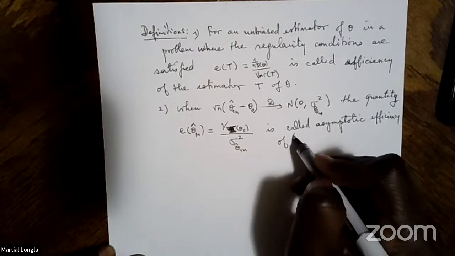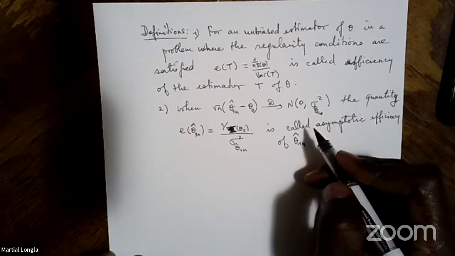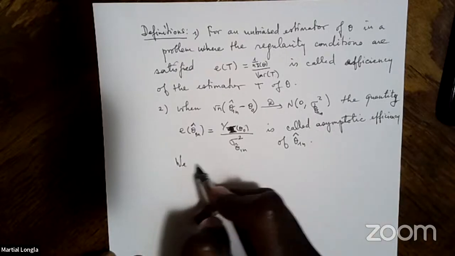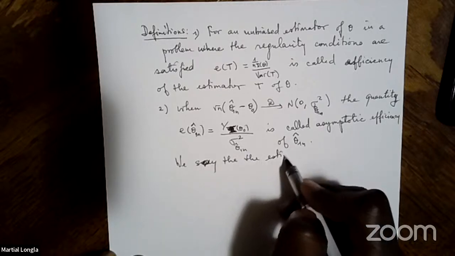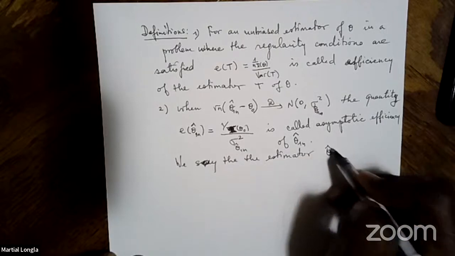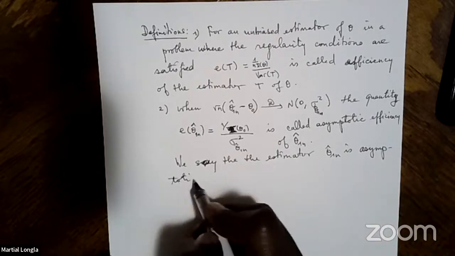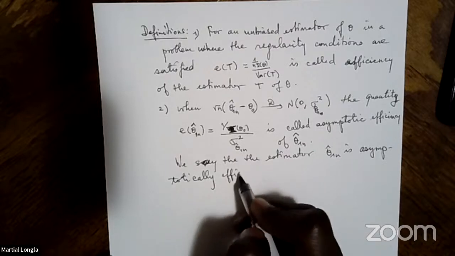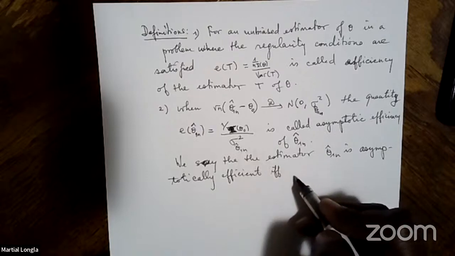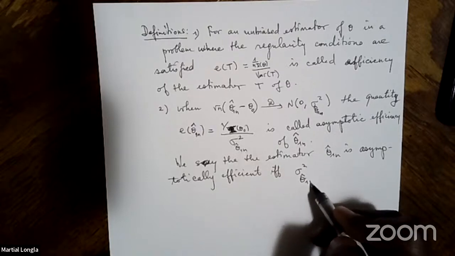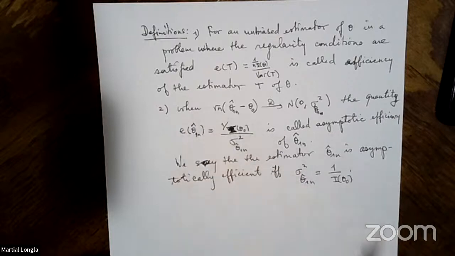Of theta, and we say that the estimator theta hat 1n is asymptotically efficient if and only if that variance that you have there, sigma squared of theta hat 1n, is equal to 1 over I of theta 0, which means that this ratio is 1.